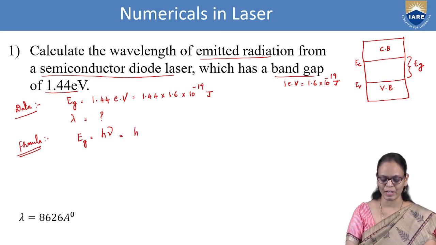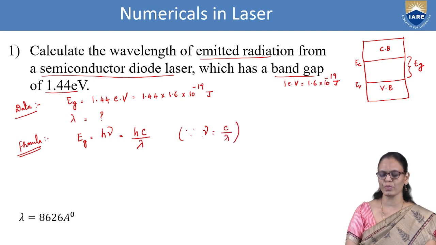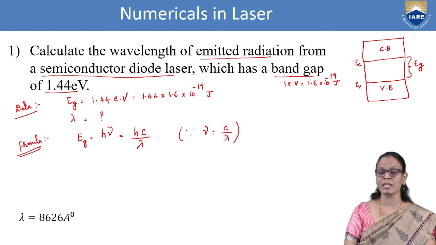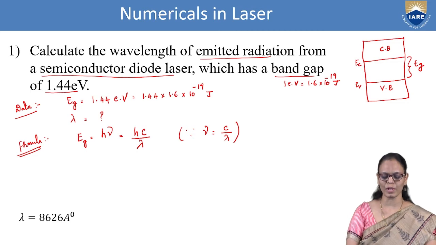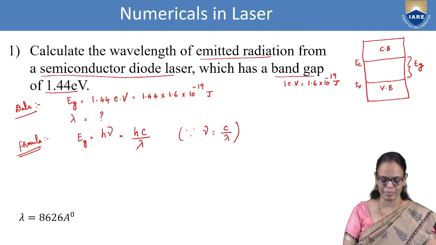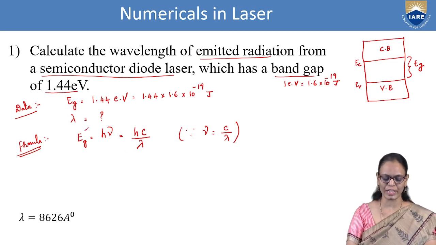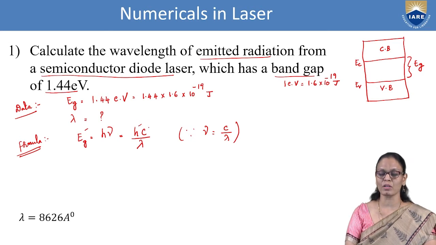So that will be hc upon lambda, since nu is equal to c upon lambda. Nu is the frequency, c is the velocity of light, and lambda is the wavelength. So Eg will be equal to hc upon lambda. We know the value of Eg. H is a constant, C is a constant.